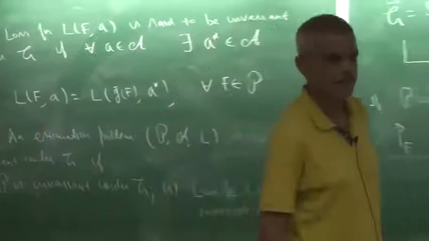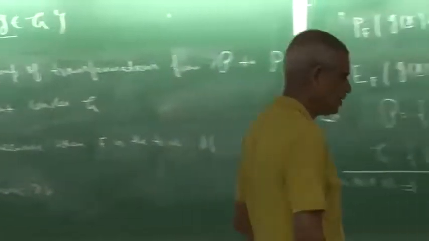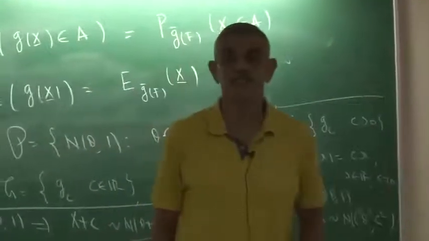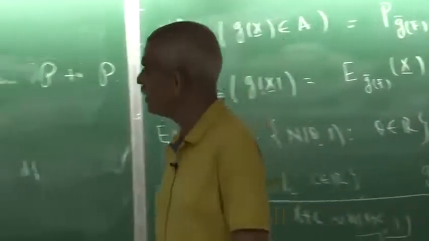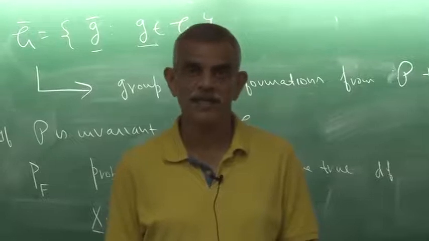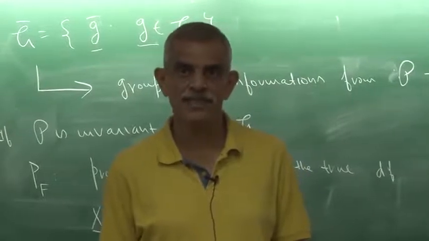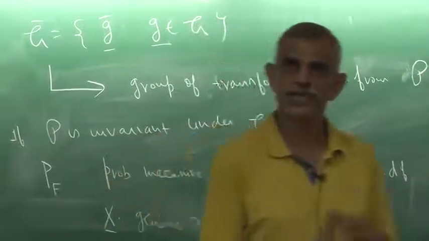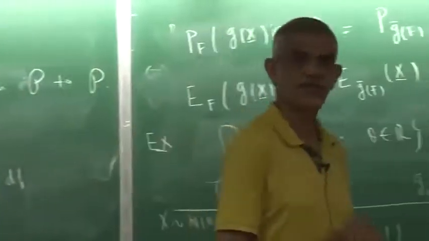So what does this say? Now how should we proceed? I have a situation where my decision problem is invariant. Now if my decision problem is invariant, I should apply the principle of invariance. That means the two actions should correspond, and I should use the same decision rule.